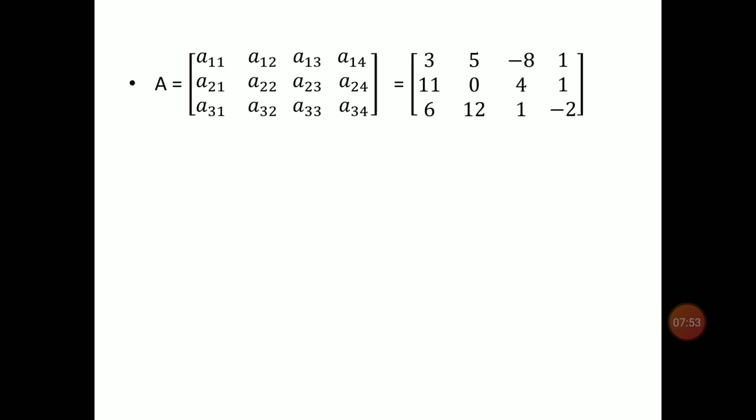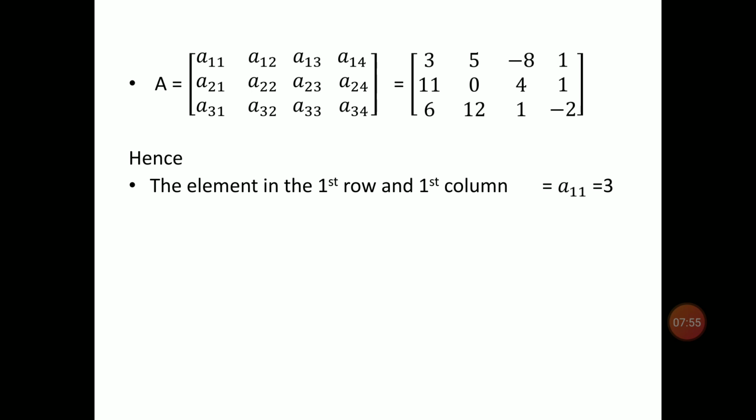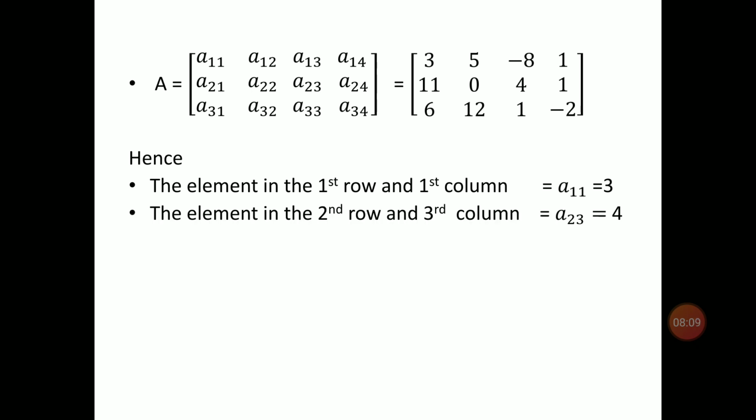Now the element in the first row and first column is A11. So the corresponding value for A11 is 3. I hope you are following all this part. Then the element in the second row and the third column. I am now taking the elements randomly, not in order. So the element in the second row and the third column is obviously A23 and its value is equal to 4.